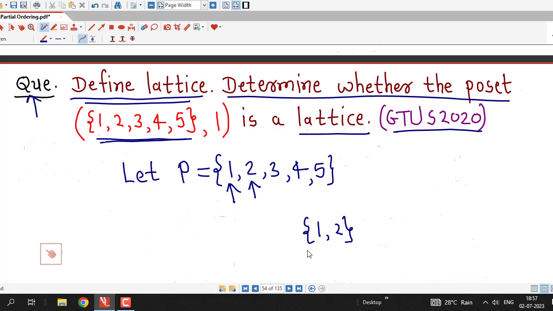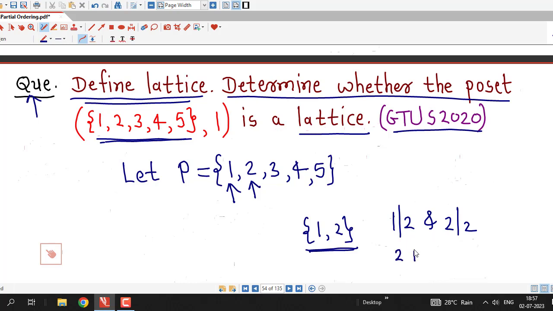Suppose I check for this pair, the set having 1 and 2, then I have to decide whether it has a least upper bound and greatest lower bound. Now we are familiar with the definition of upper bound. So here we can observe that 1 divides 2 and 2 also divides 2. This means 1 and 2 are related to 2.